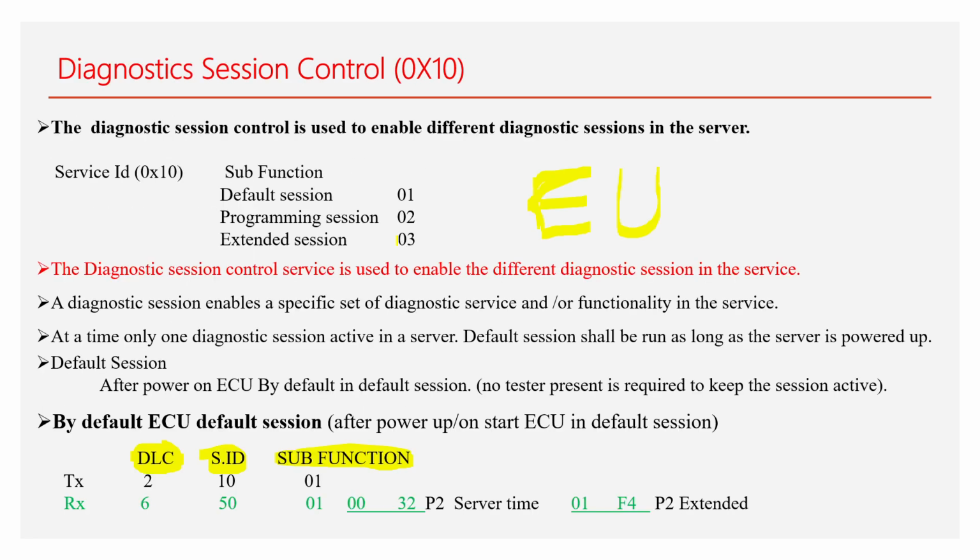A functional request is a broadcast type message. It means it is sent to all the electronic control units present on a CAN network.